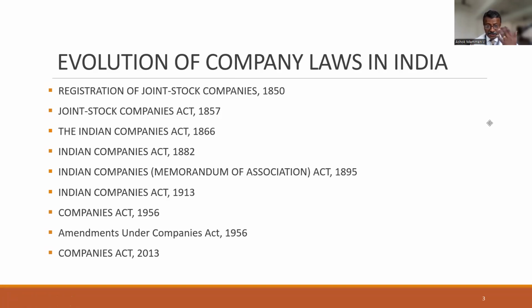You can see the predecessors, starting with the registration of joint stock companies in 1850, and then in 1956 you had the Companies Act, with a lot of amendments, and then the Companies Act 2013. That's where we are. Having said this, we have had amendments to the 2013 Act also.